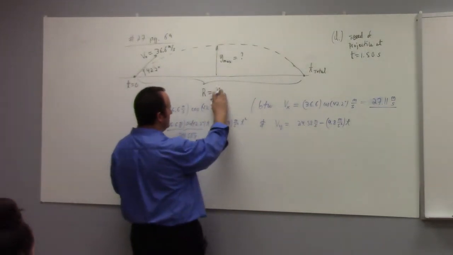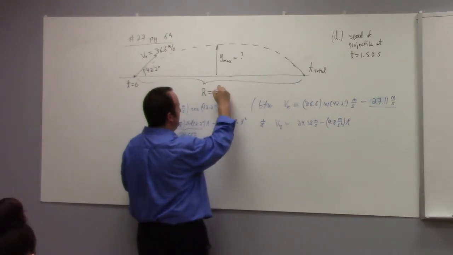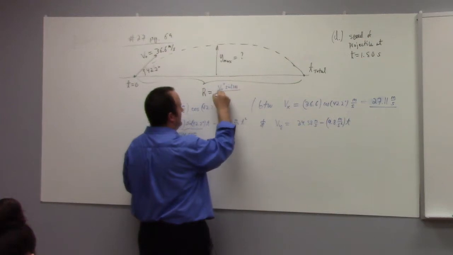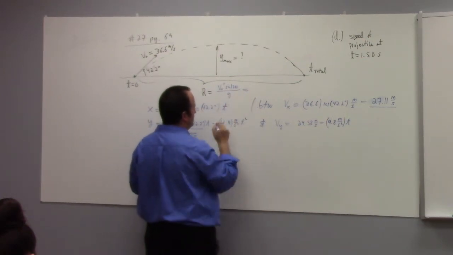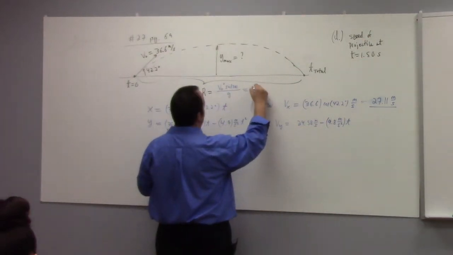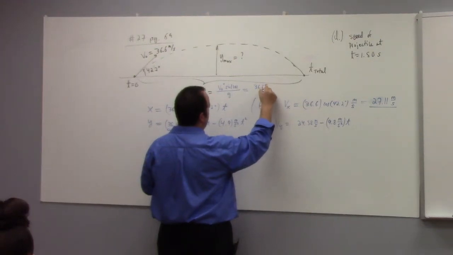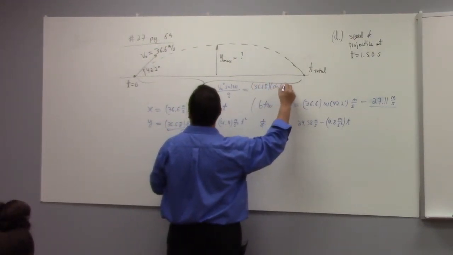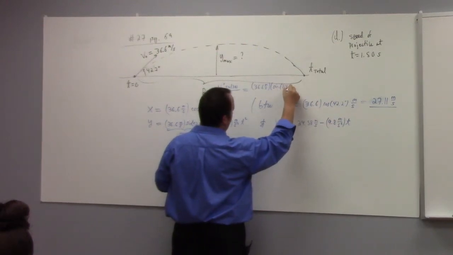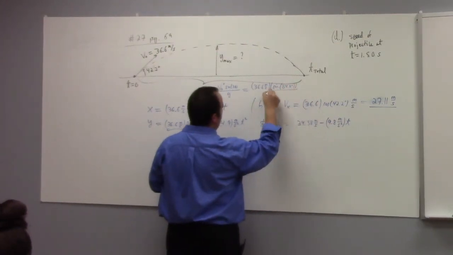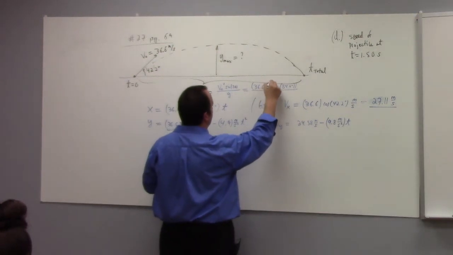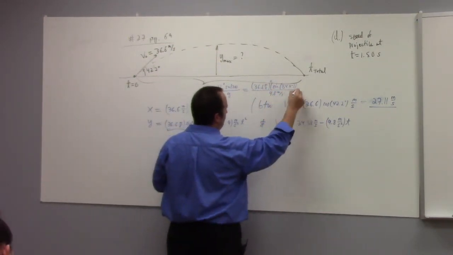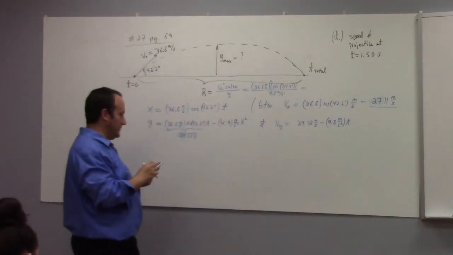It was v naught squared sine 2 theta over g, which in this case is 36.6 meters per second squared times the sine of 2 times theta, which is 84.4 degrees, divided by 9.8 meters per second squared. So what's the range?